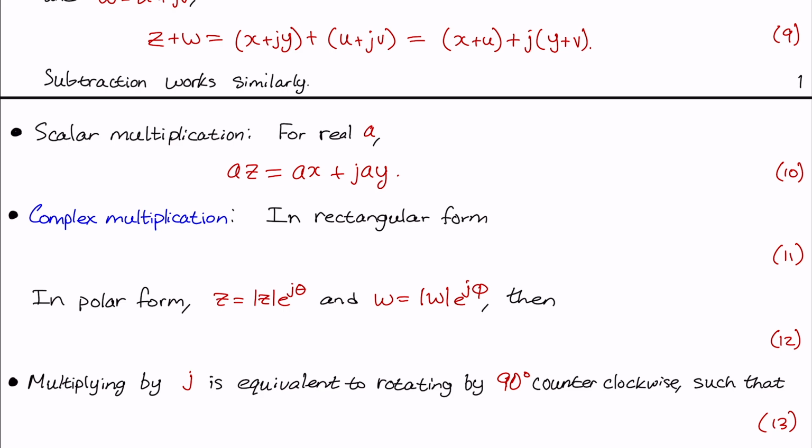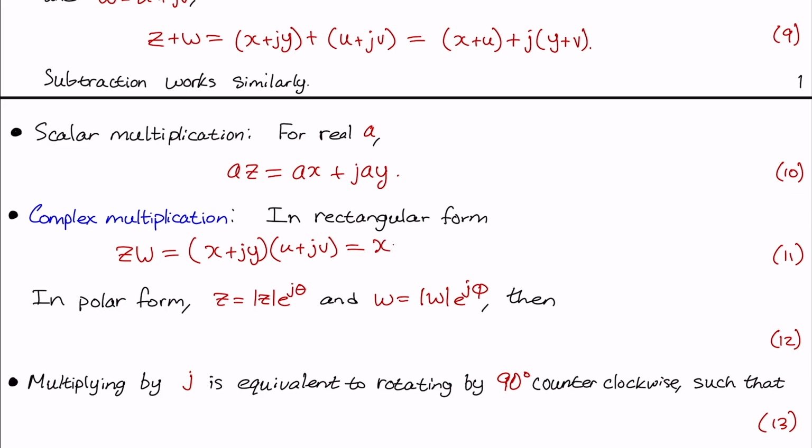If we multiply two complex numbers, we've got to do some more work. If we have z times w, this is equal to x plus jy times u plus jv. We have to expand this.